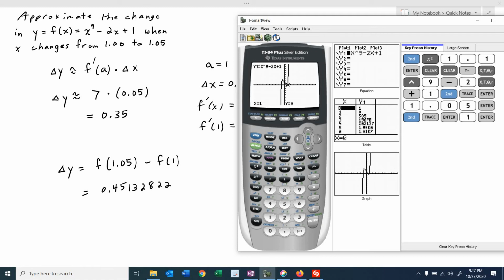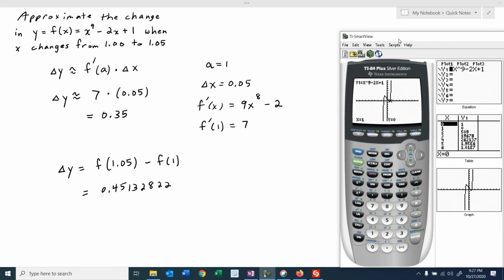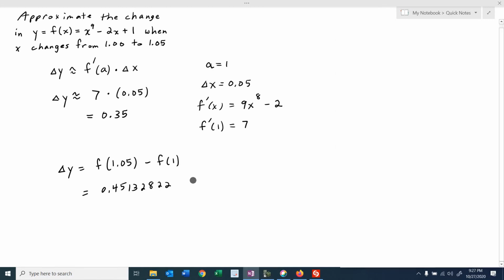You can do that without the calculator. Just plug a 1 in here. And so you get minus 0. So this is actually the change in the y value. That's delta y. And we're approximating it as being about 0.35.